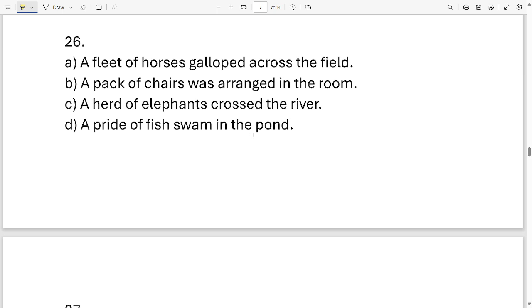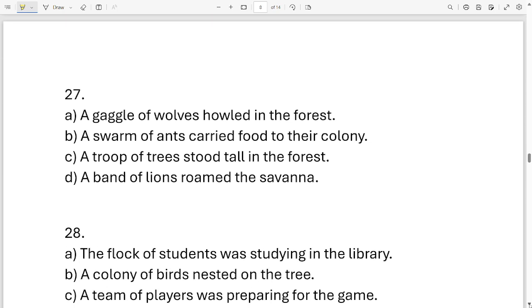Now go through all the options very carefully and check which of these sentences uses the collective noun properly. That is your correct option. And the correct option is option C. A herd of elephants crossed the river. Okay, let's move on to the next question.